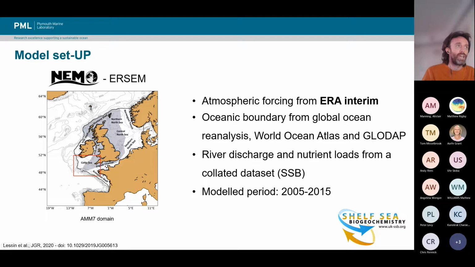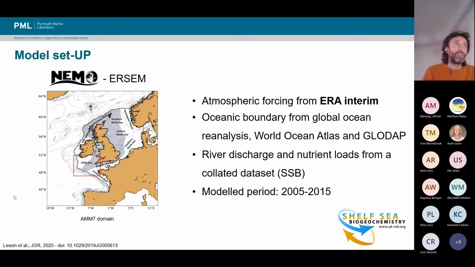That is the area contained by this black line, and this is roughly the area that is shallower than 200 meters. We ran the biogeochemical model ERSEM coupled to a physics model called NEMO, which simulates the circulation and the temperature and the salinity of the marine environment.